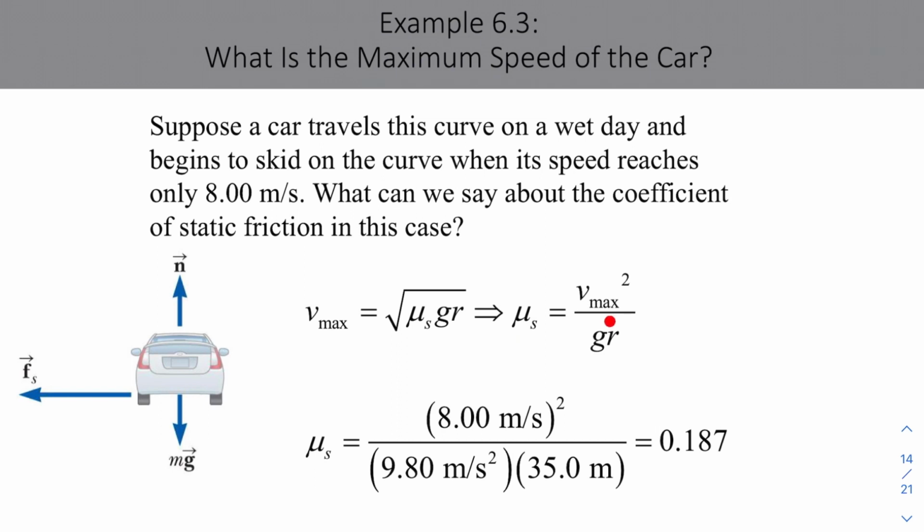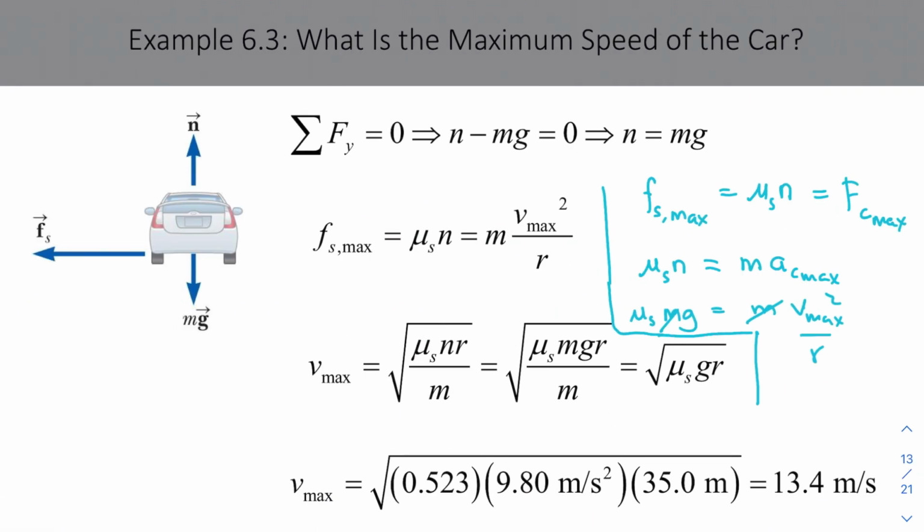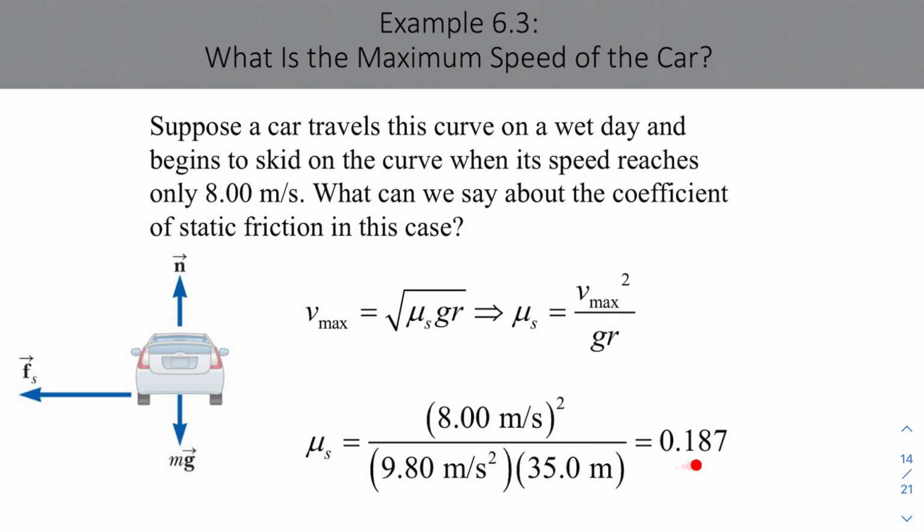It's equal to V max squared over g r. If we substitute all the values given, you will get 0.187. What can we conclude? This is actually less, because the original one is 0.523 and here we have only 0.187. Because of the wet condition, the mu is reduced.